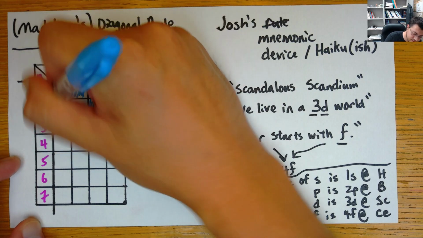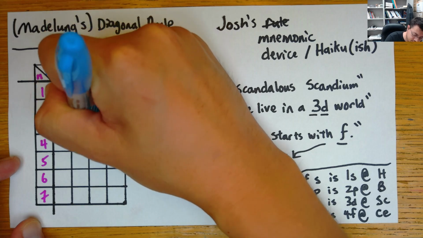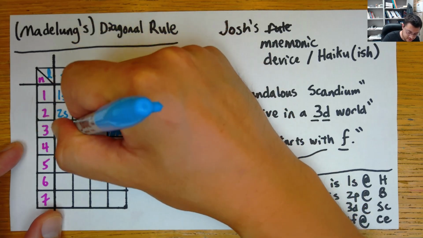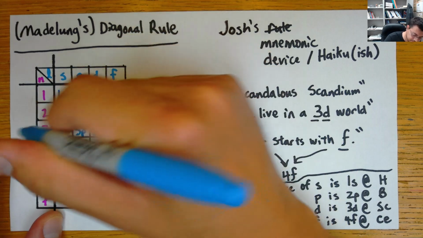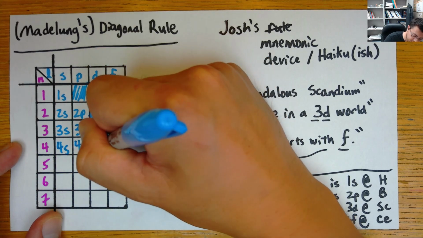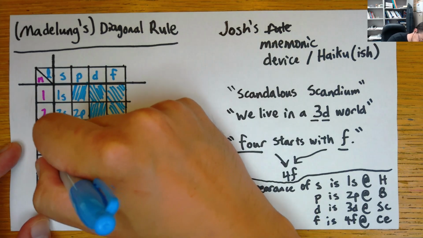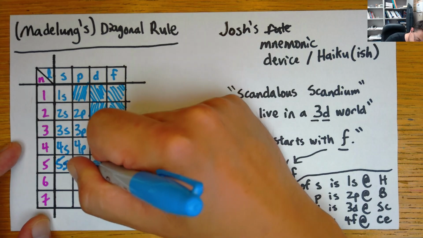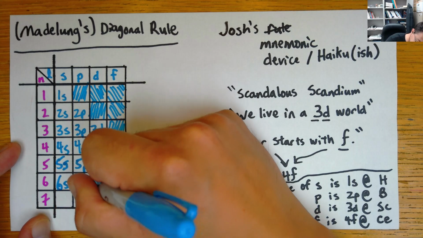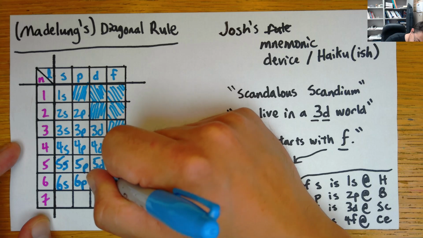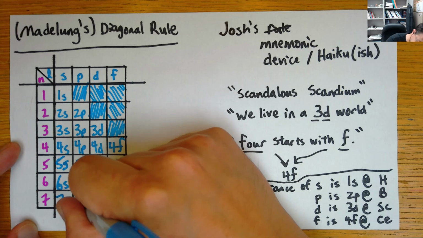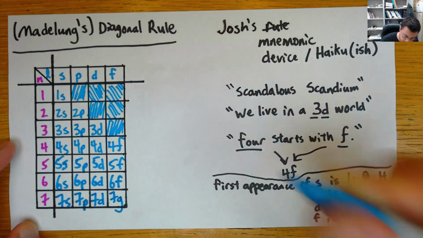So 1s, 2s, 2p, 3s, 3p, 3d, 4s, 4p, 4d, 4f, and so on.